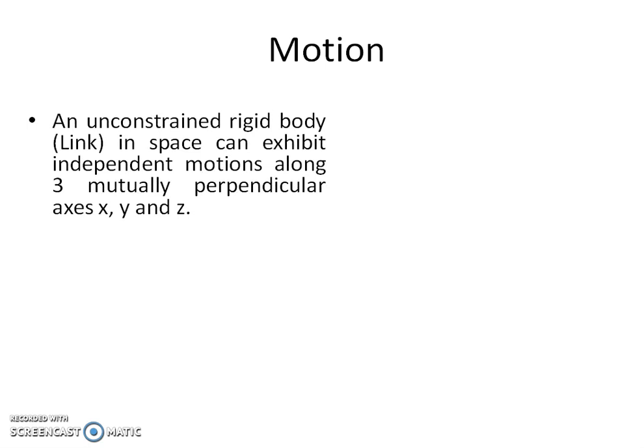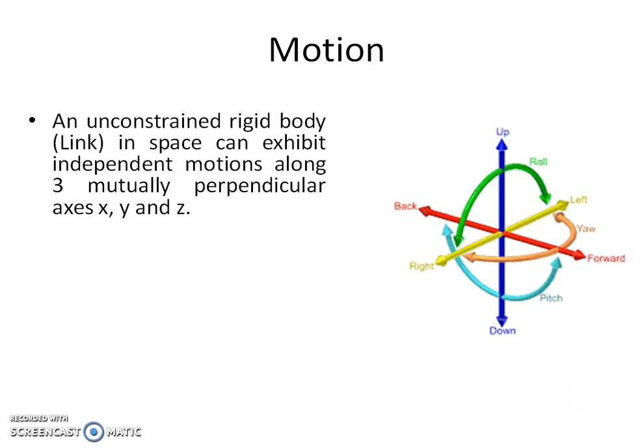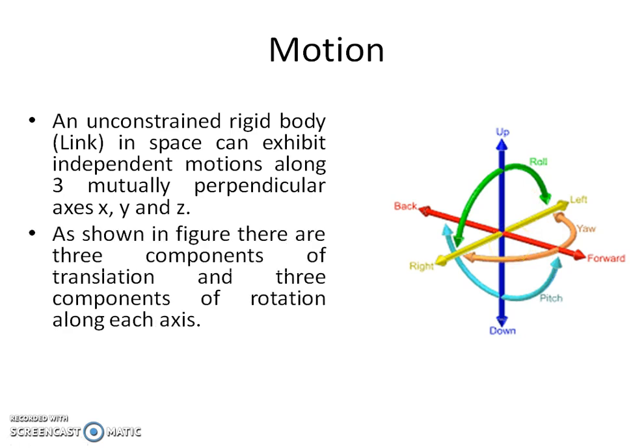Any body in space can exhibit three independent motions along three mutually perpendicular axes, namely x, y, and z. The figure over here shows the different axes and the translatory and rotary motions that can be made possible along these axes.